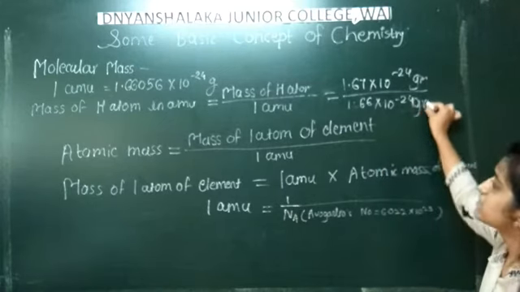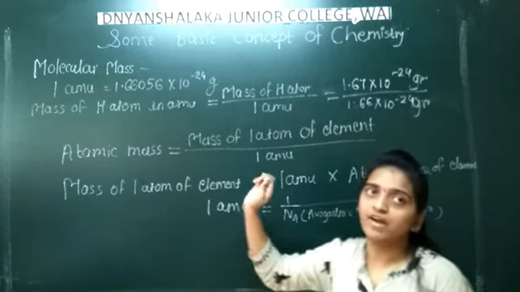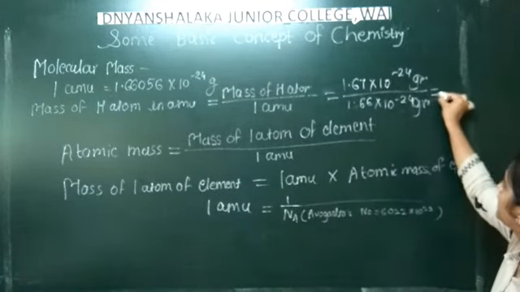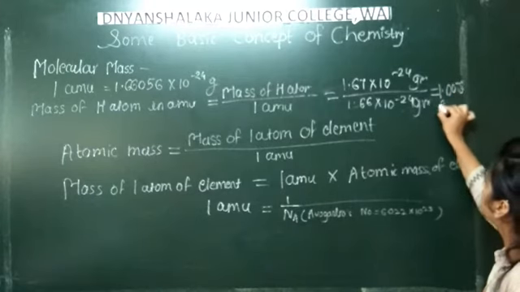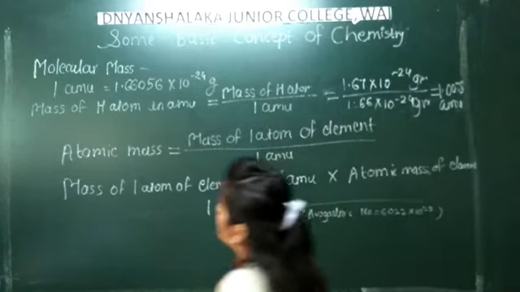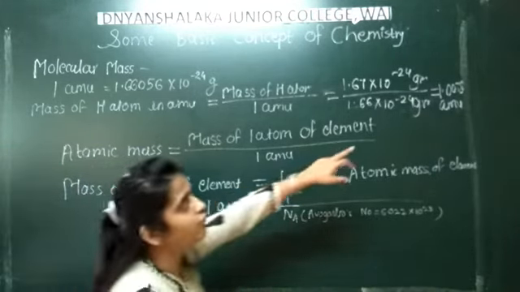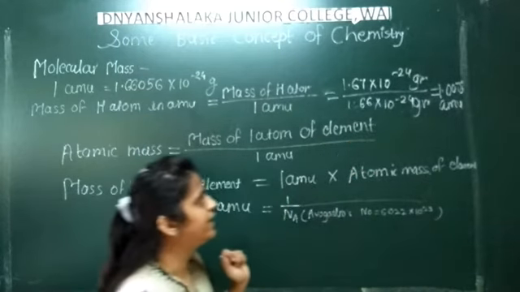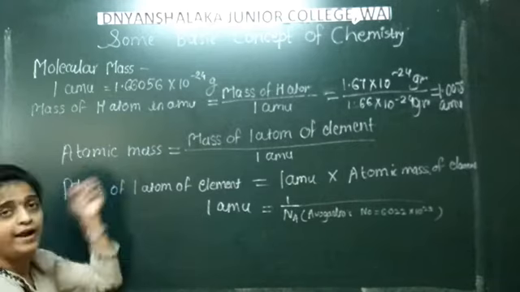On calculating, we get the mass of a hydrogen atom as 1.0078 atomic mass unit.